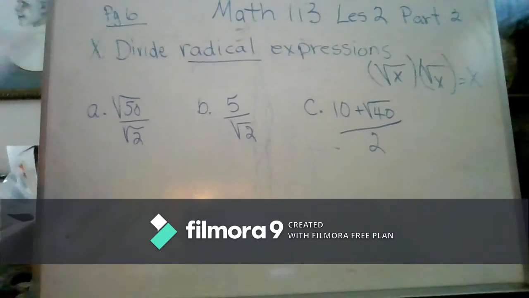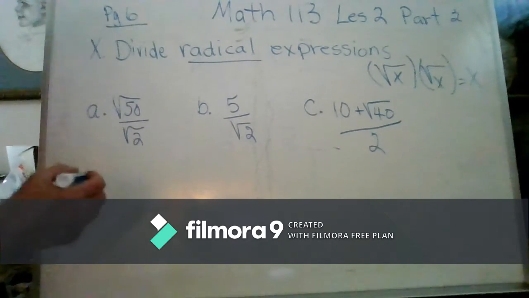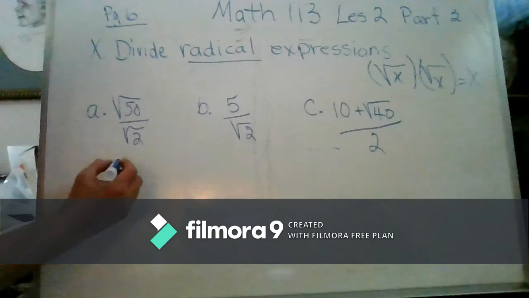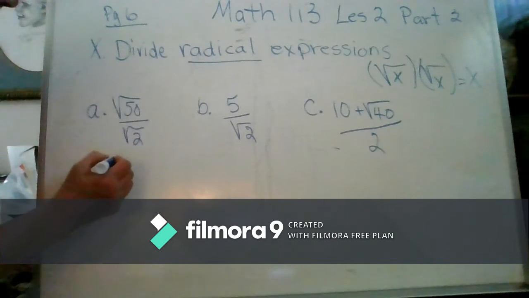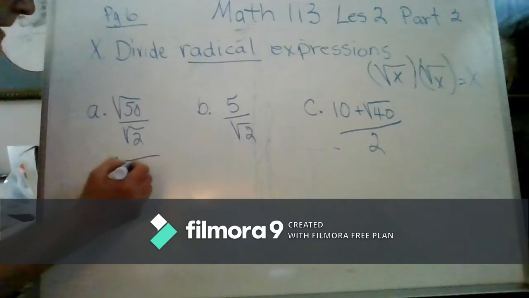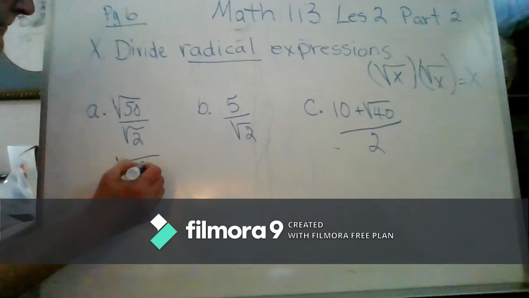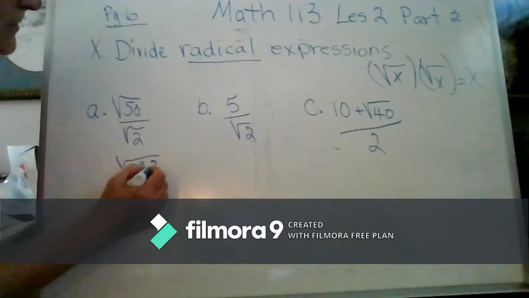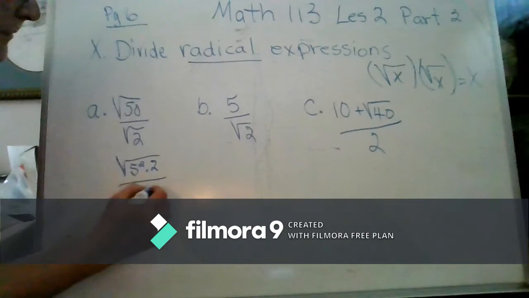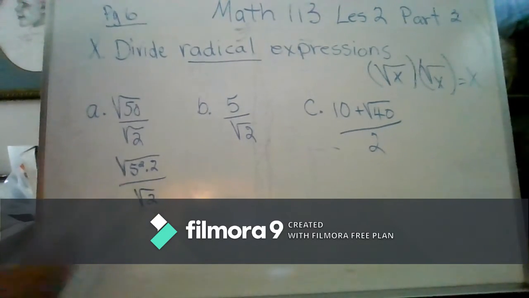So, let's look at example A here. The first thing we need to do is take that 50 and simplify it to the square root of 5 squared, which is 25, times 2 over the square root of 2. Since there's 2 5s, I can take out 1.